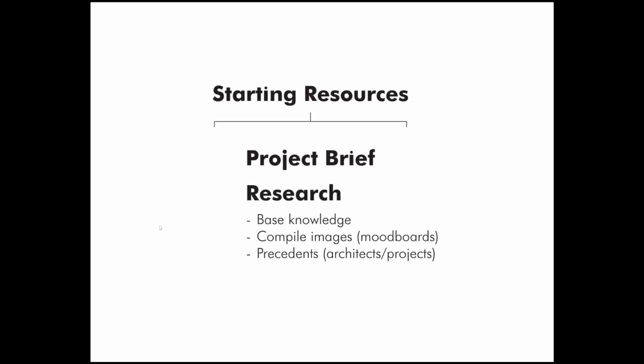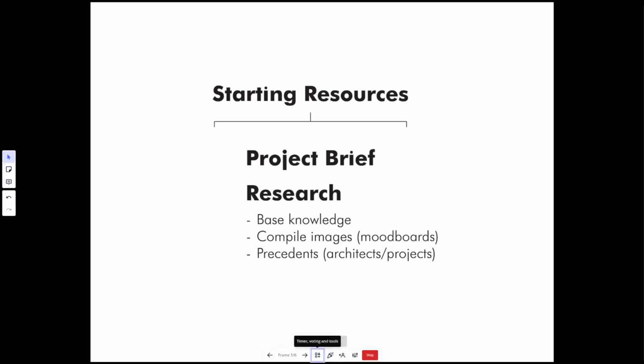This will allow you to develop further in that direction and have a common talking point, especially if it's a group project. Furthermore, if you have precedents that you think are related to your specific project, then it's good to have those architect names, the project names, etc. included as well. This way, when you start to prompt AI to generate things, you can start calling upon this body of knowledge and research in your prompts.